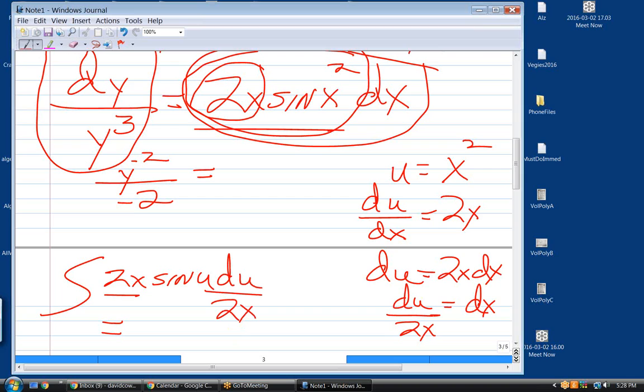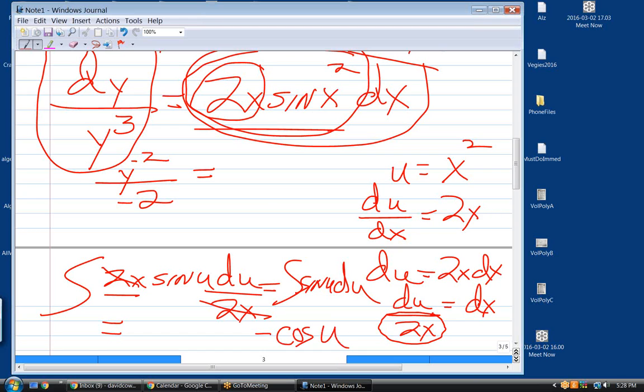In other words, you always find the derivative of your u in the denominator. So for it to get canceled out, you need in the numerator the multiplier to be equal to that derivative. So those go away, and you end up with the integral of sine u du, which I can do. That's negative cosine u.